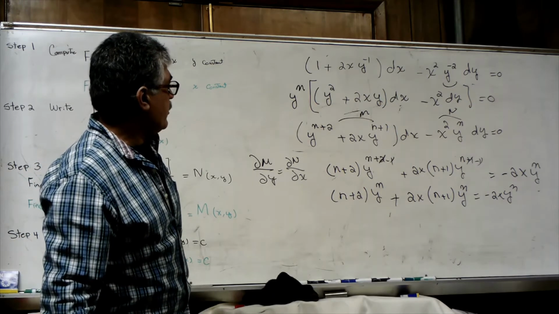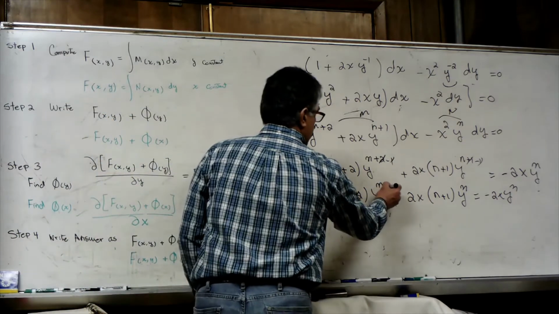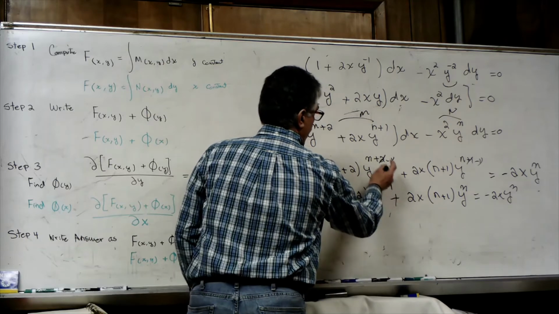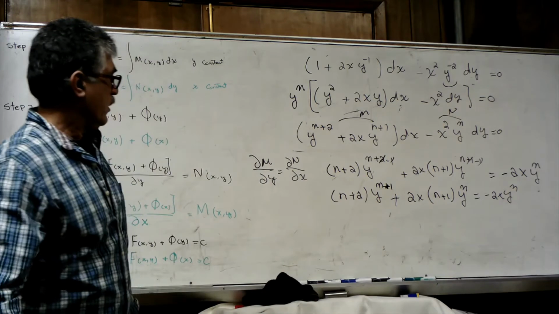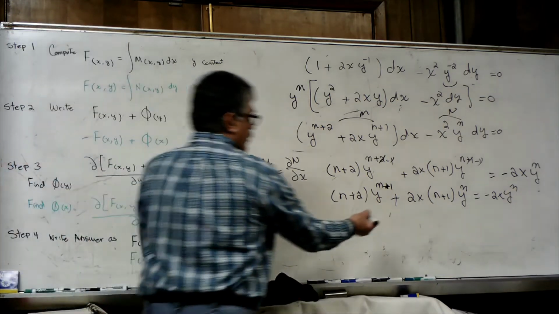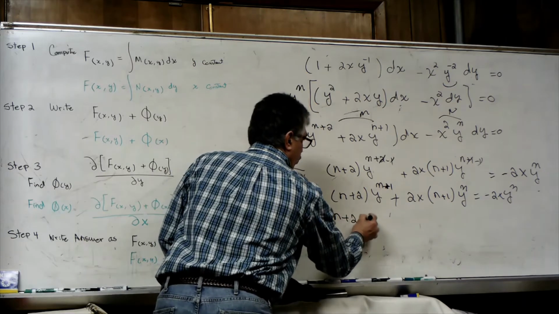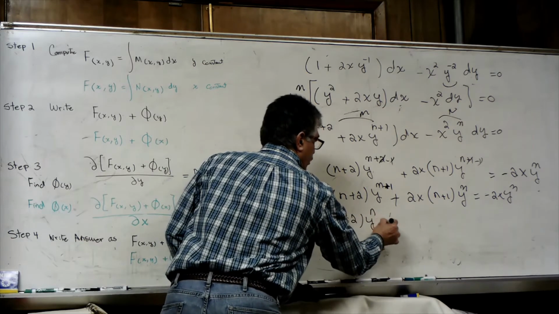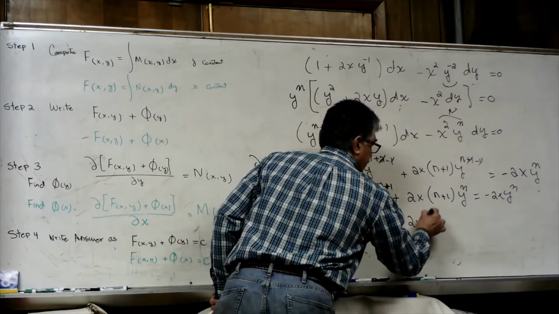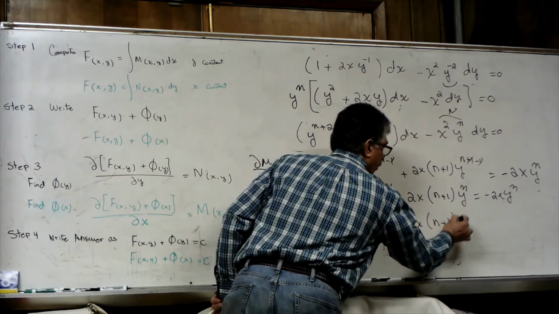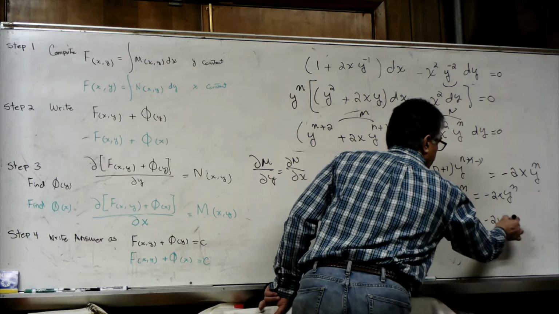Sorry, this is going to be n plus 1 — plus 2 minus 1 is plus 1. So let's rewrite this as n plus 2 y to the power n multiplied by y, plus 2x times n plus 1 y to the power n equal to minus 2xy to the power n.